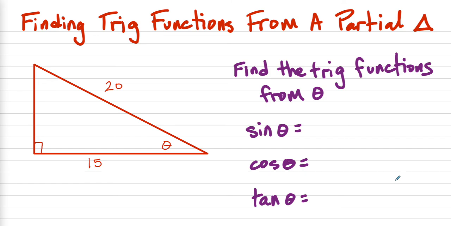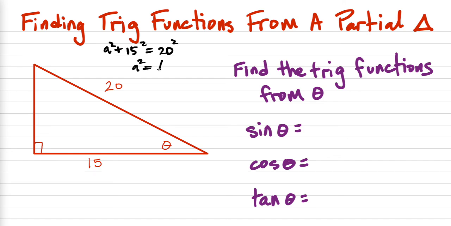So if you know 2 of the sides of the triangle, how can you figure out the third? A squared plus B squared. Perfect, Pythagorean theorem. So I would say a squared plus 15 squared equals 20 squared.